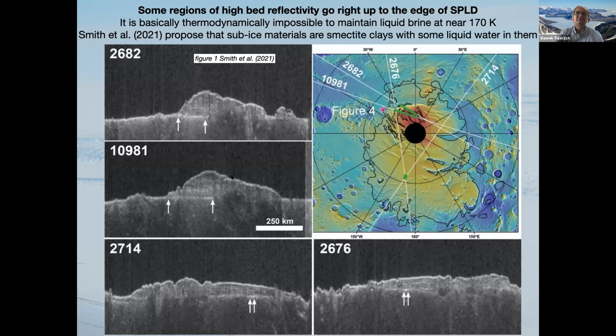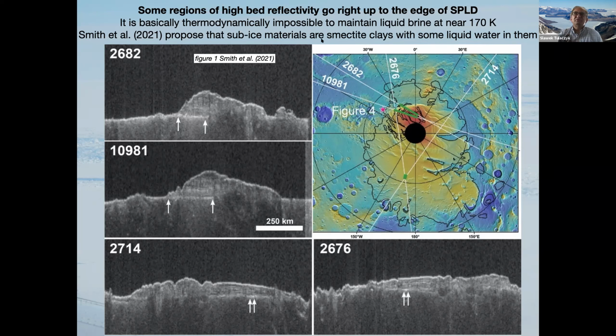And then this is just going back to that illustration of the fact that some of these clear conductive, reflective horizons beneath ice go all the way straight to the margin. Smith et al. pointed out the problem with interpreting these types of high reflection interfaces as an ice-over-water interface.